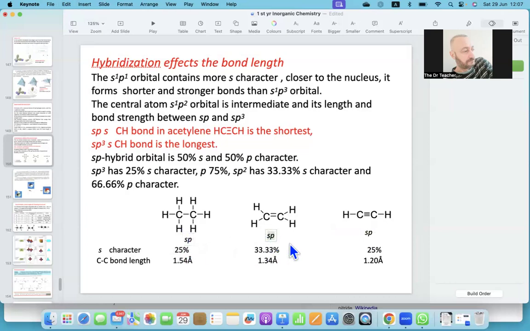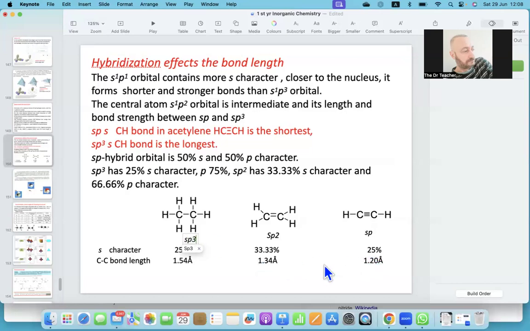So the acetylene will be sp, the ethylene sp2, and the ethane here will be sp3.